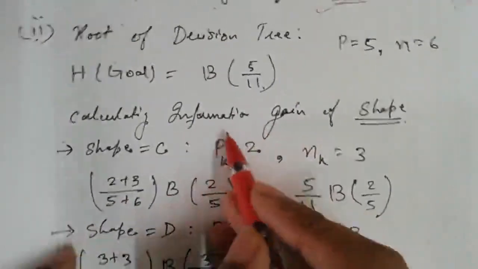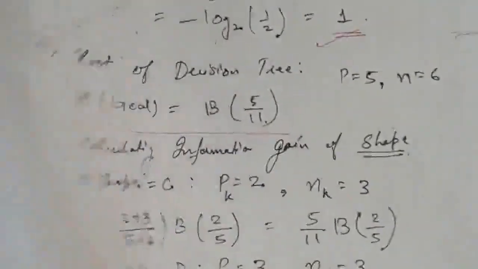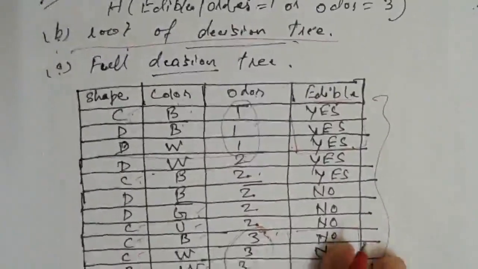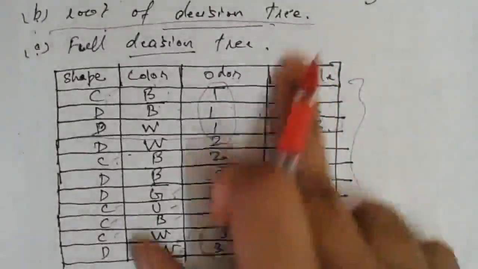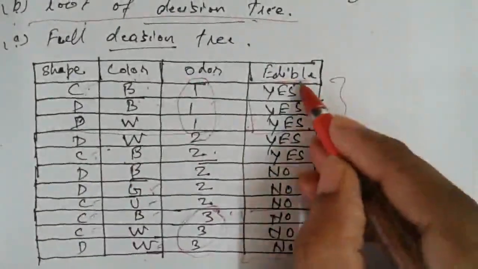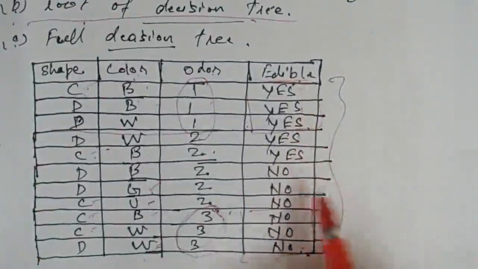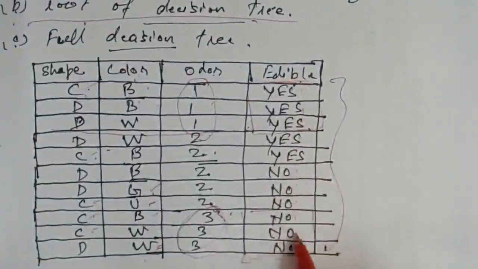Let's say the information gain of shape. First we have to calculate H goal. In every information gain we have to calculate H goal. The H goal will be the entropy of the whole decision tree. So we count the number of yes: 1, 2, 3, 4, 5, and the number of no's: 1, 2, 3, 4, 5, 6.